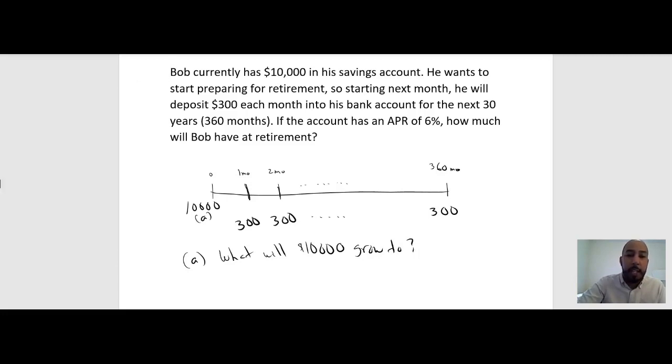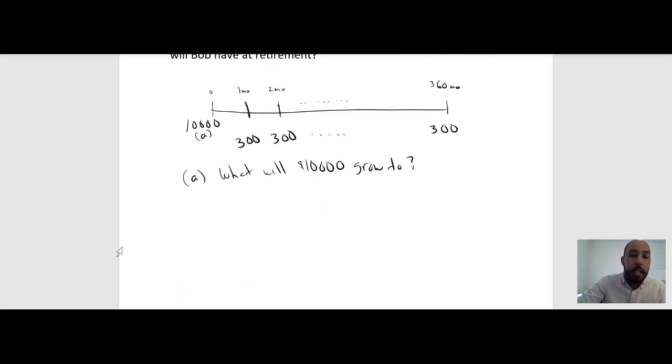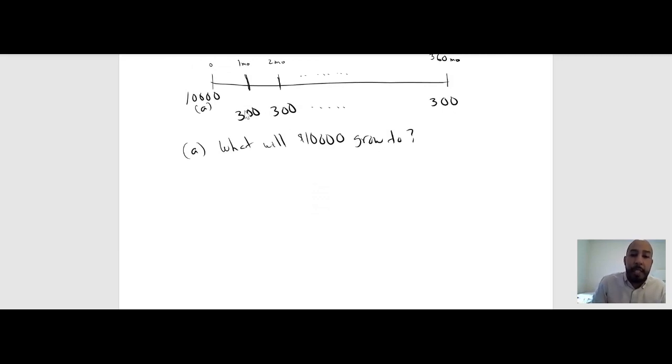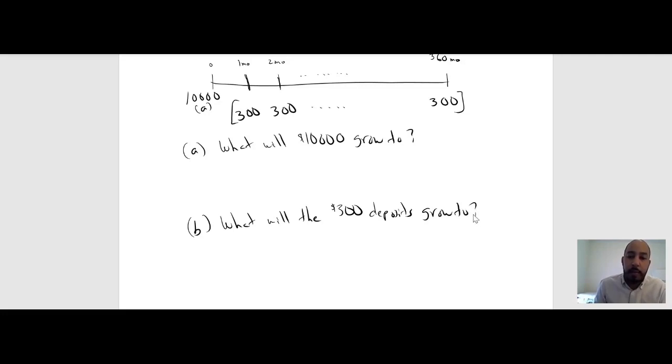All right, so that's problem A. Problem B is I can look at the deposits that he's making. So we have these deposits. So problem B, what will the $300 deposits grow to?